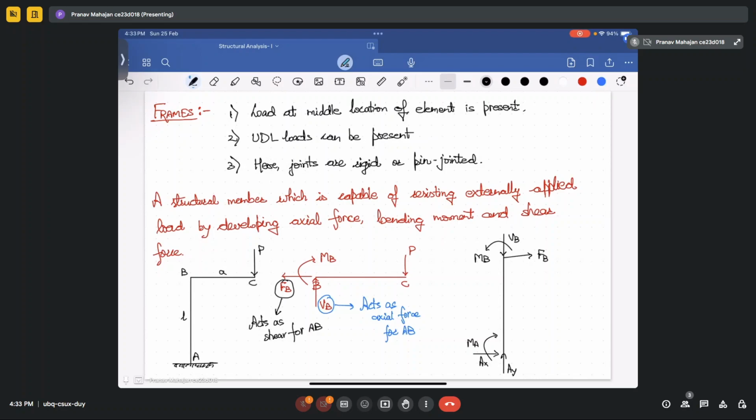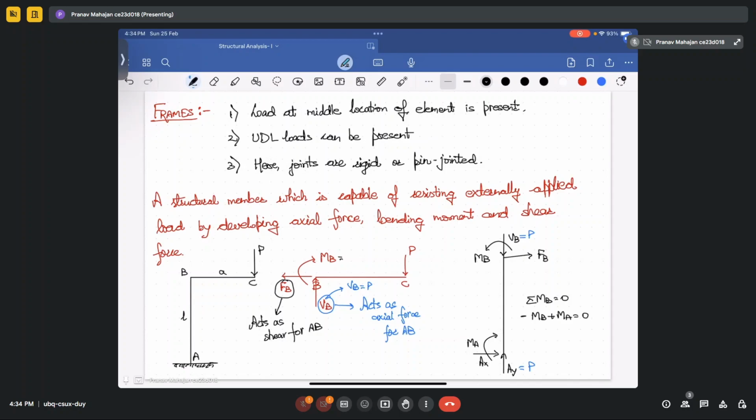From the first thing you can see that your VB will be equal to P, and your AY will be equal to P. And if you take moment about B equal to 0, you will have minus MB plus MA equal to 0.